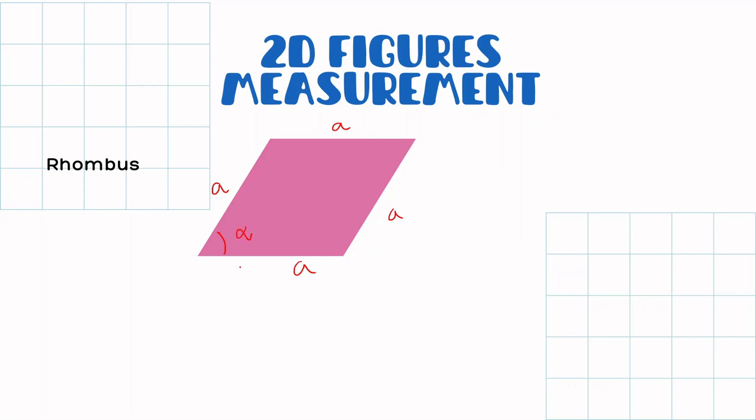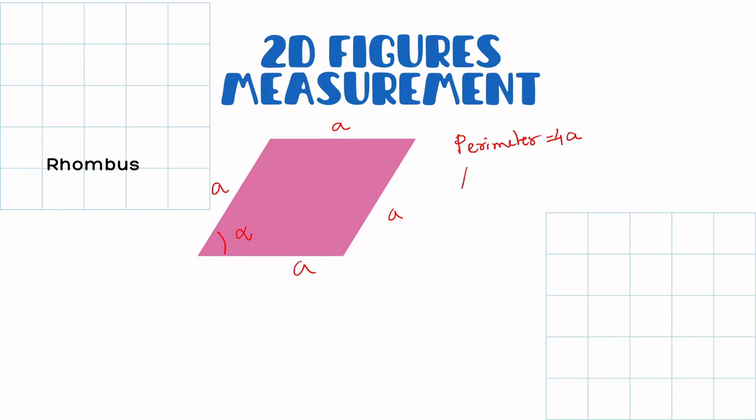It may be any angle. It may be 90 degrees. It may be any angle alpha. So for a rhombus, what is the perimeter? Perimeter is the same as square. Perimeter is 4a because the length of each side is a.